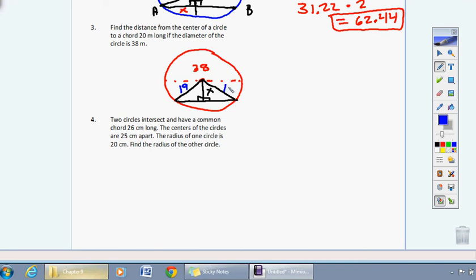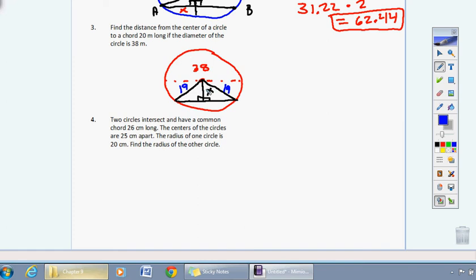The radius is half of the diameter, so my radius is 19. And like we've been doing in the previous two problems, here's the distance from the center to the chord. I don't know that, so I'm going to call that x.